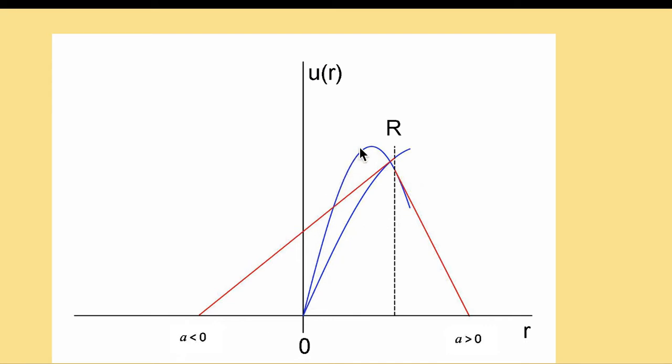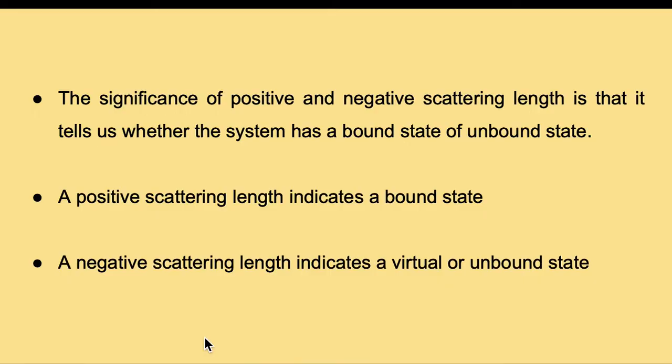And we have drawn the two wave functions in a single figure. So this is the first case, A case, and this is the second one. You can see that here the tangent meets A greater than 0, and here the tangent meets A less than 0. And this is for the unbound state, and this is for the bound state, or this scattering length is positive, this scattering length is negative.